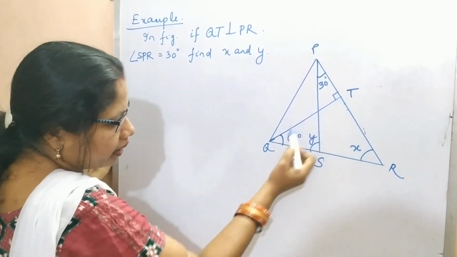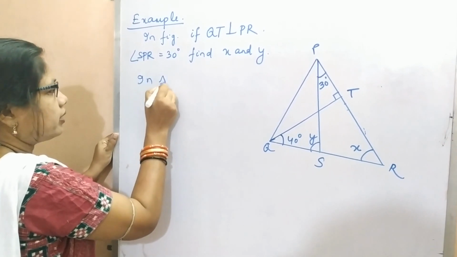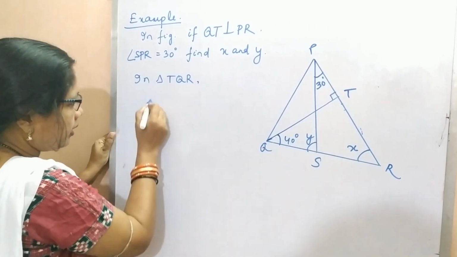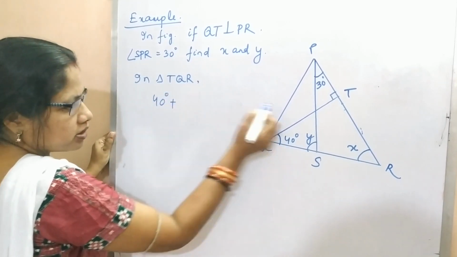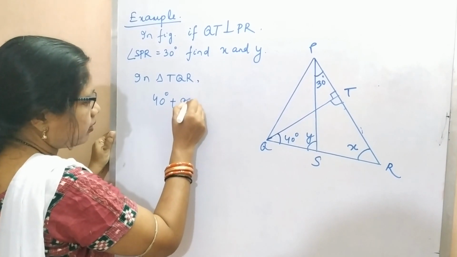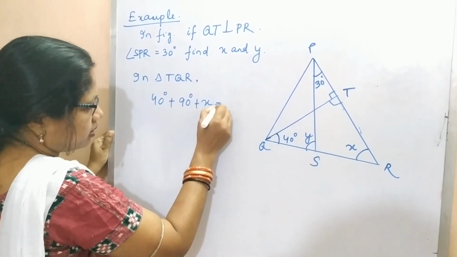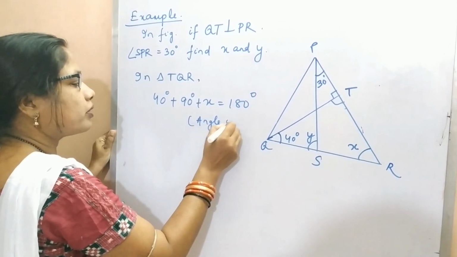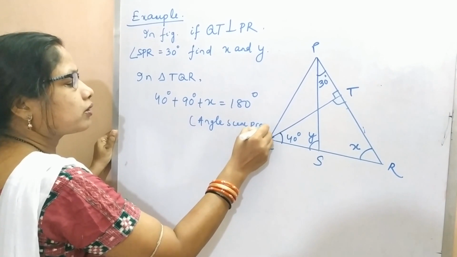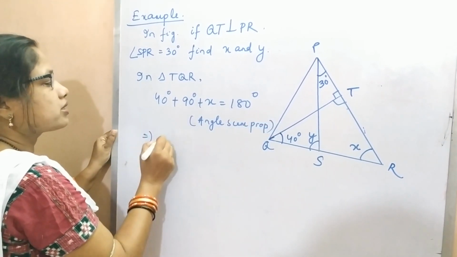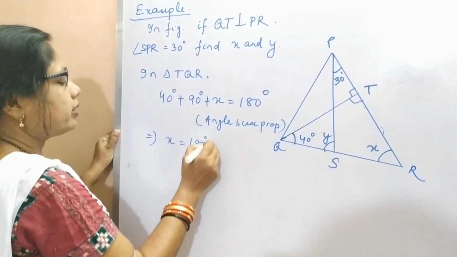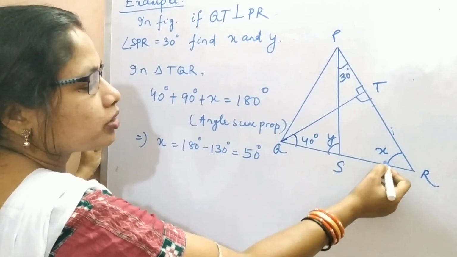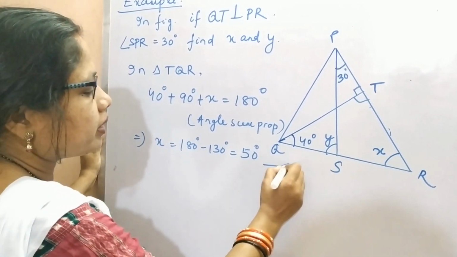In triangle TQR, 40 degrees plus this is 90 degrees plus X is equal to 180 degrees. This is due to the angle sum property. So this implies X is equal to 180 degrees minus 130 degrees is equal to 50 degrees. So here we got X is equal to 50 degrees.